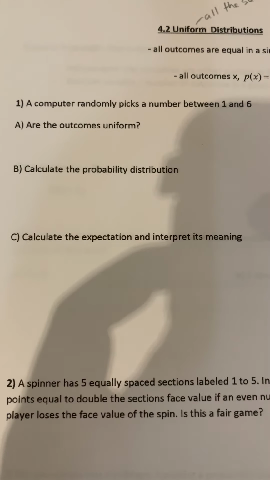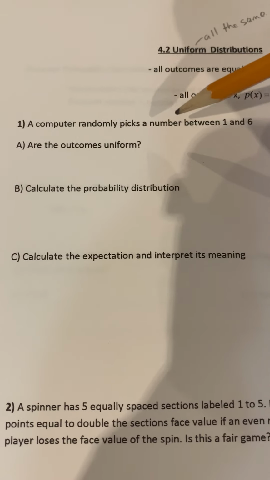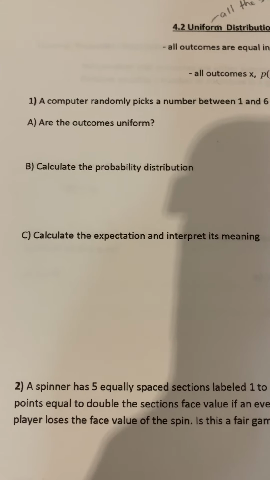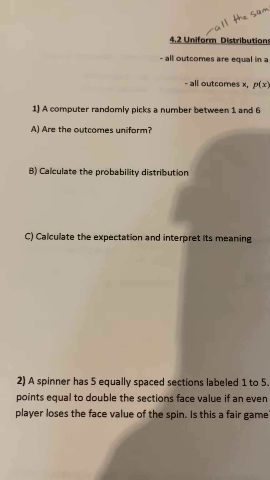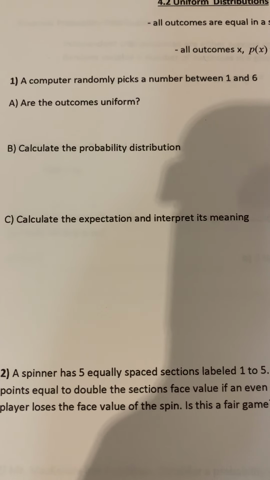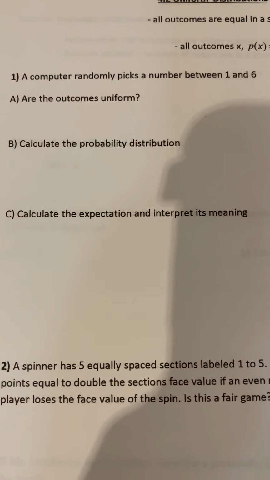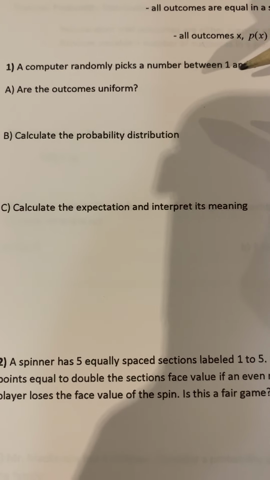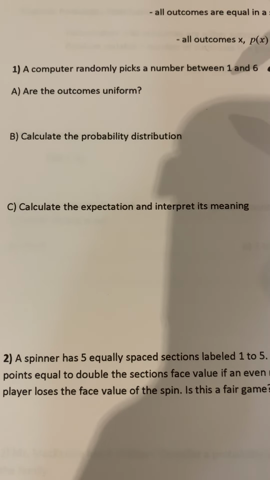Number 1: a computer randomly picks a number between 1 and 6. First question, are all the outcomes uniform? Well, if a computer is randomly choosing, then there are 6 options: 1, 2, 3, 4, 5, 6. If it's random, then each number has an equal opportunity of being chosen.